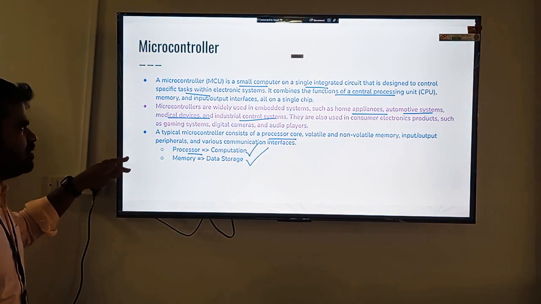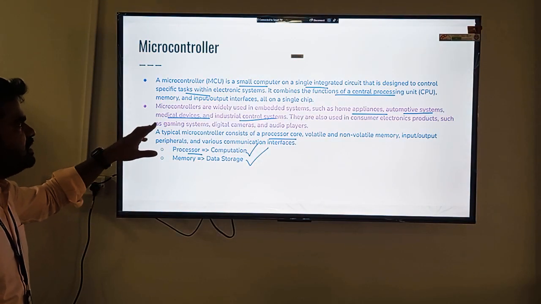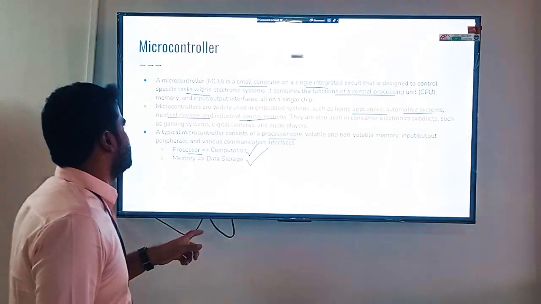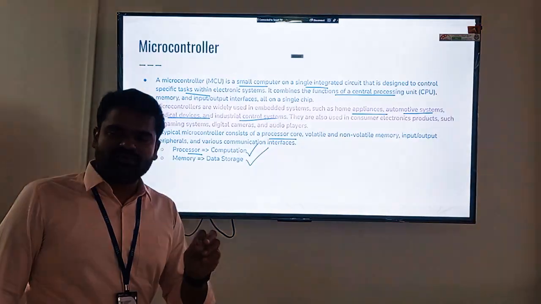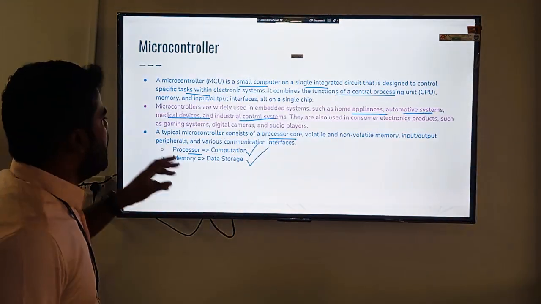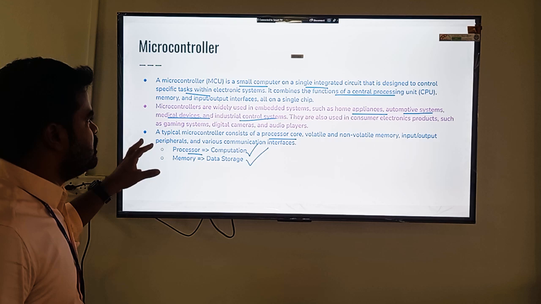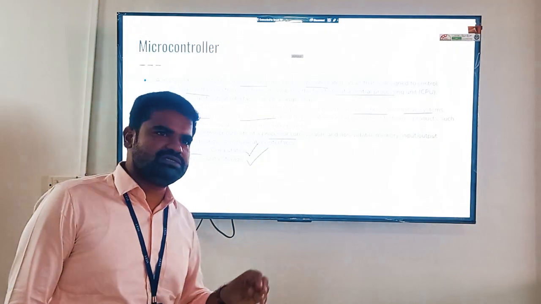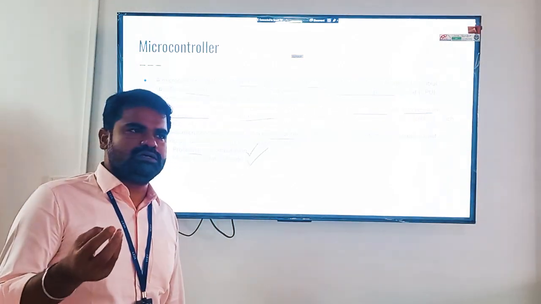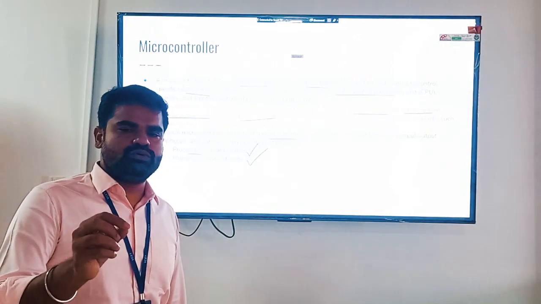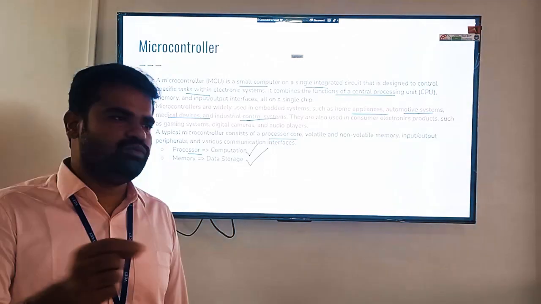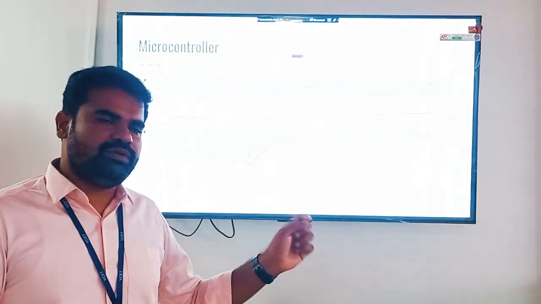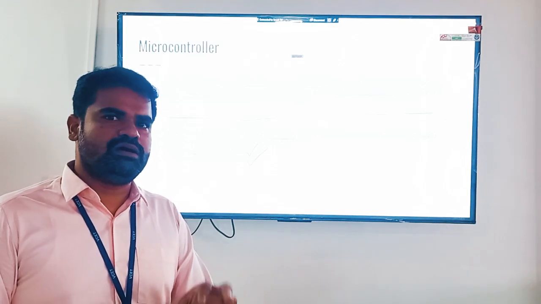So the next one is a microcontroller. As you have mentioned, it is a small computer, a single integrated central processing unit. It performs several small tasks and is used in control systems, medical devices and automotive devices. As you have seen, GPS and all, where your vehicle is located, for that purpose the microcontroller is used. Another example is small toys, remote cars.